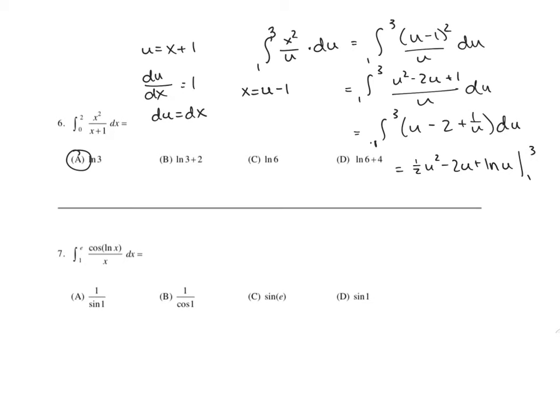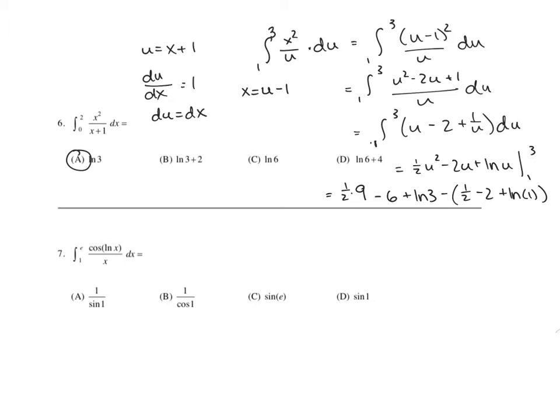And if we plug in the 3 and the 1, we're going to ultimately get that final answer of ln 3. So I have 1/2 times 3 squared, so 1/2 times 9, minus 2 times 3, minus 6, plus ln 3, minus, and we plug in 1, and 1/2 minus 2, ln of 1.